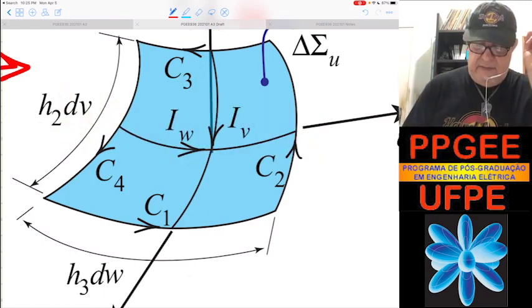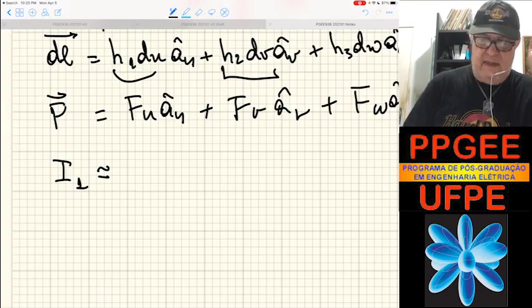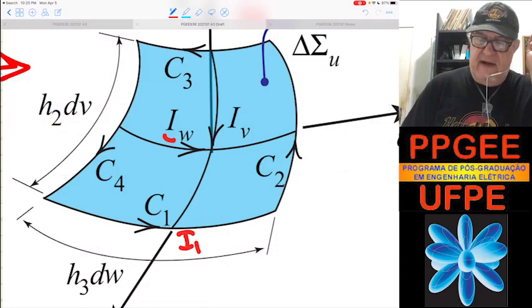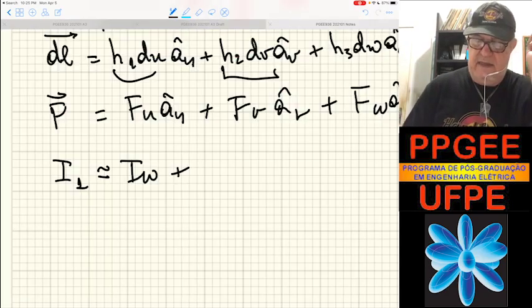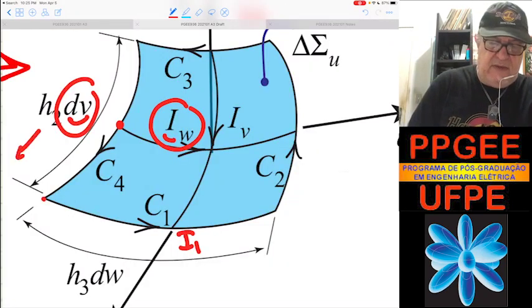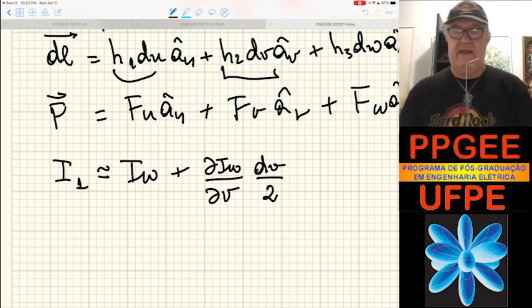I1 equals IW plus the variation of IW on changing the second coordinate by half of the total change. The derivative of IW relative to what coordinate? Well, this one, which is the V coordinate, dV over 2.